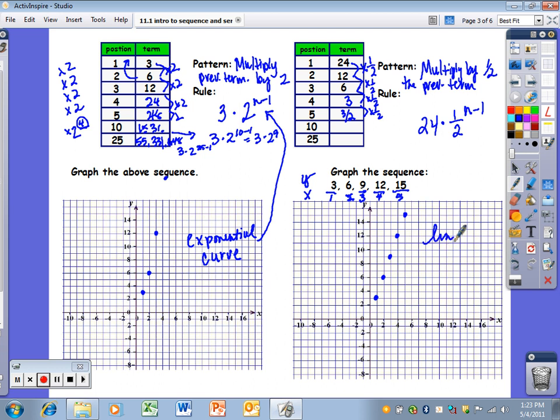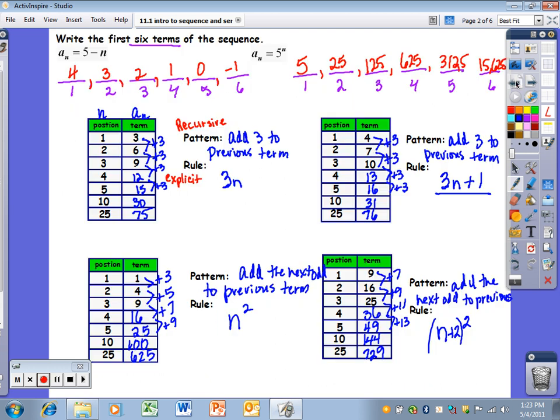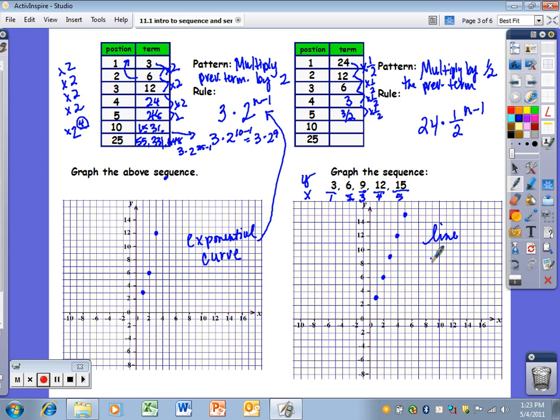A line. Because, remember this equation we generated was 3n. What is an equation of y equals 3x versus 3n? Linear. So when I repetitively add, I better get linear representations.